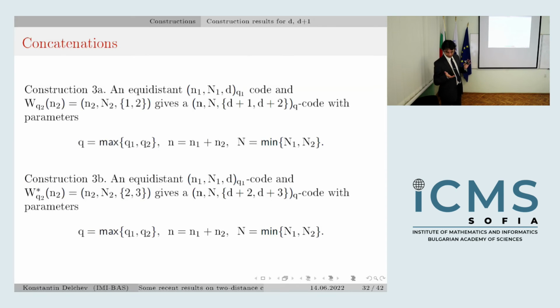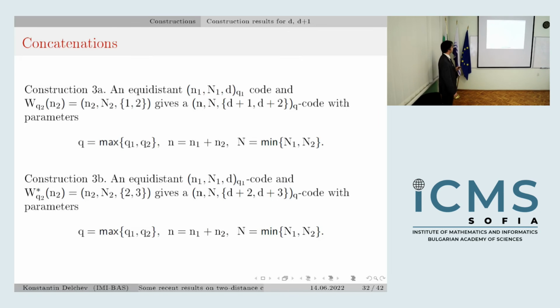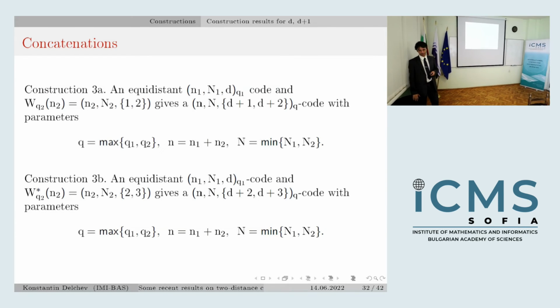Considering this, we can start the general idea of damaging equidistant codes. Then we can go this way and concatenate some of our balls and obtain new codes with two distances that way.